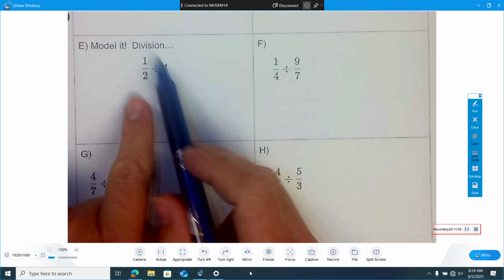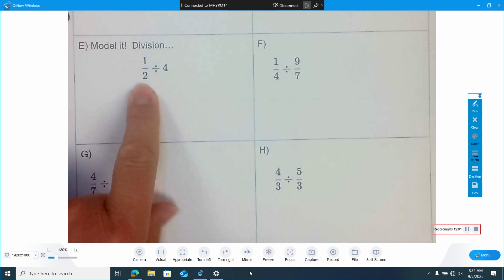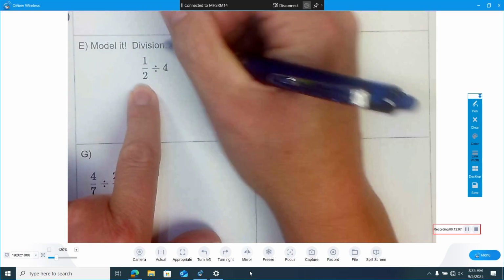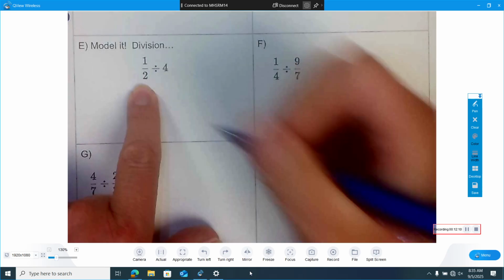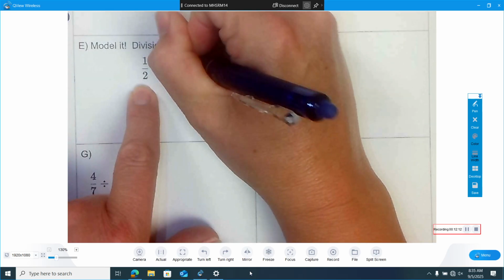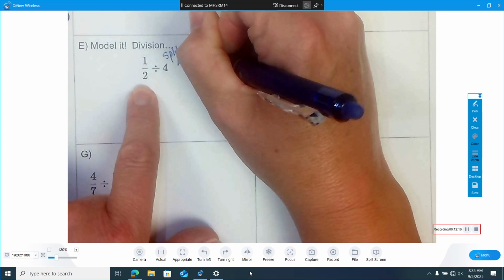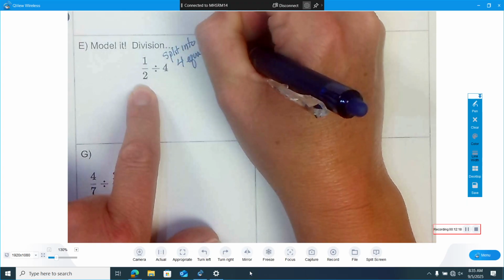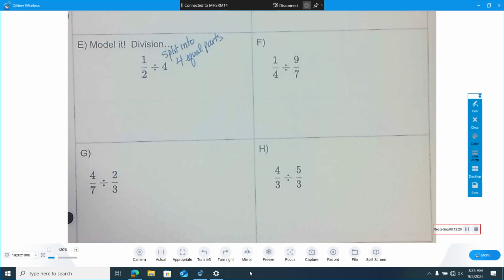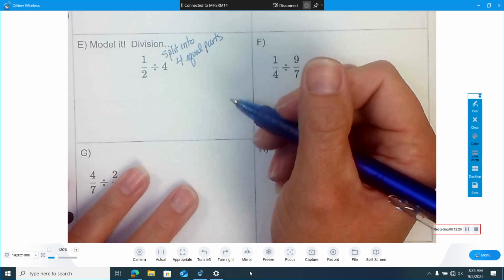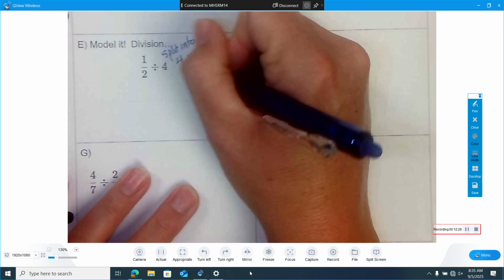When we are thinking about this, I'm saying, hey, I have half of something, okay? And I want to know if I take a half and split it into 4 equal parts. If I split the 1/2 into 4 equal parts, how big is each part? How big is each little bit?